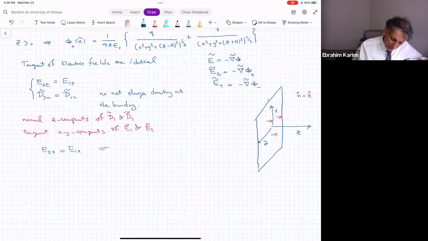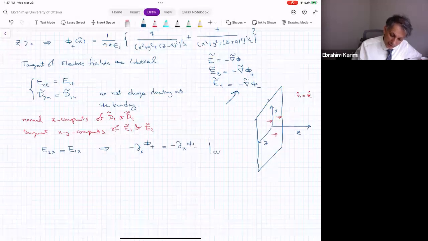It will be minus the derivative with respect to x of the potential phi plus, equal to minus the derivative with respect to x of phi minus.